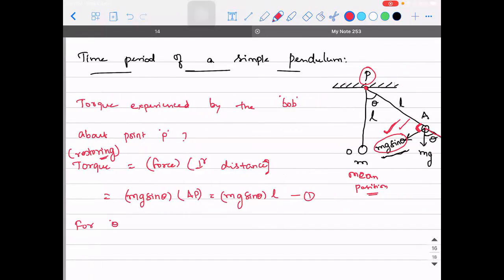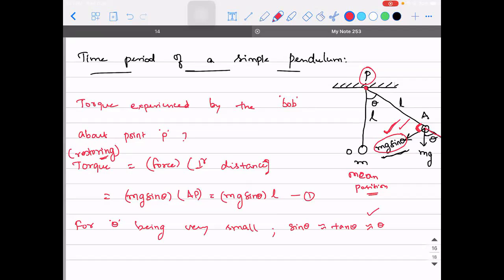For theta being very small, where theta is measured in radians, an important point to be observed is sine theta can be approximated to tan theta, which can be approximated to theta. This comes from the idea of limits.